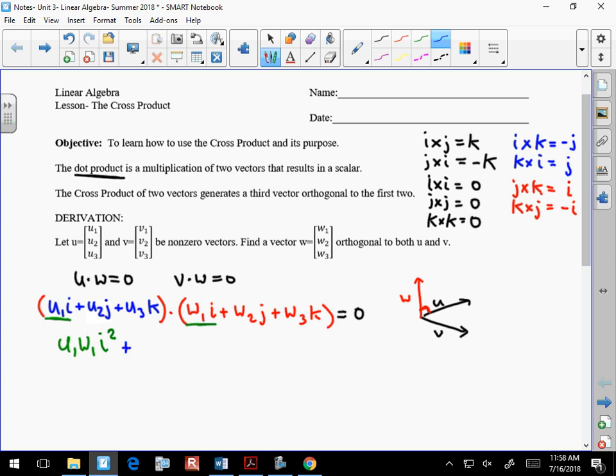Plus u2 w2 j squared. Although it won't make a difference.